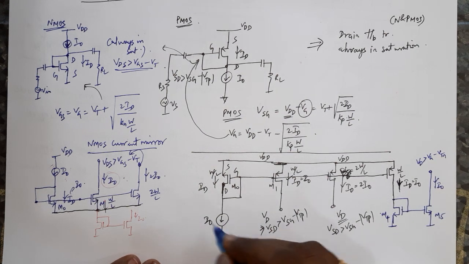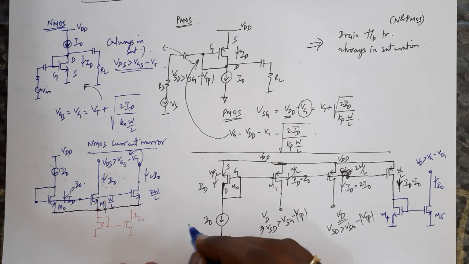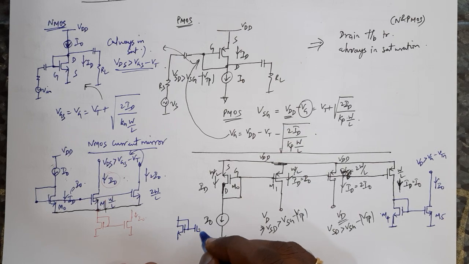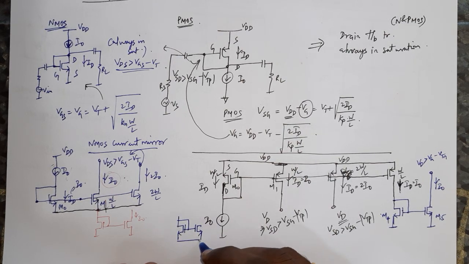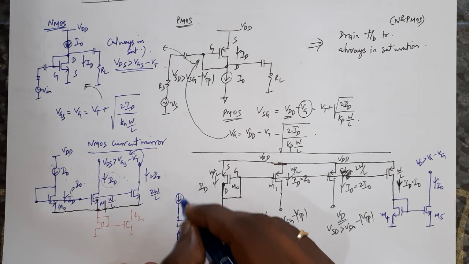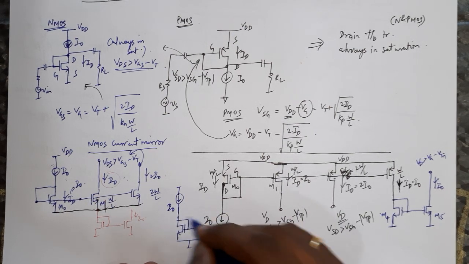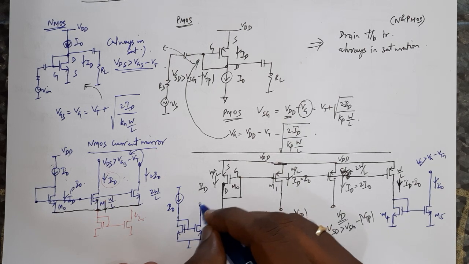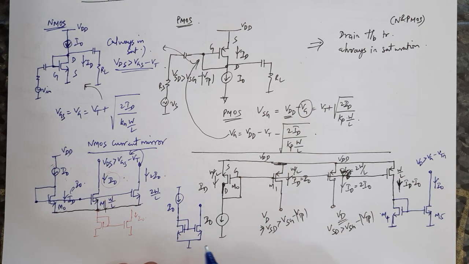Say for example, this I0 can be treated as having the NMOS current mirror here with the drain feedback, another transistor whose source is actually at ground, and this drain is where I have some kind of a reference current source I0, and I maintain this VD at some place so that there is no problem.